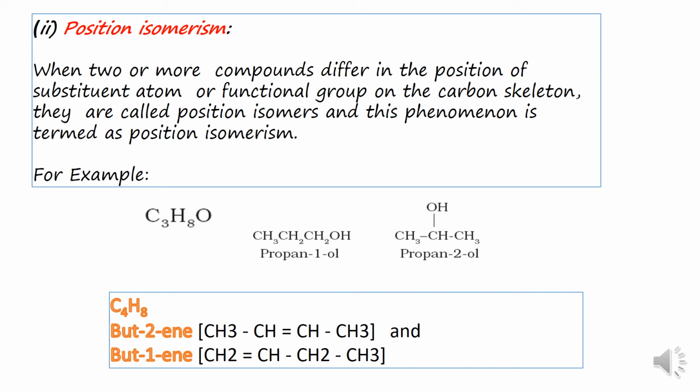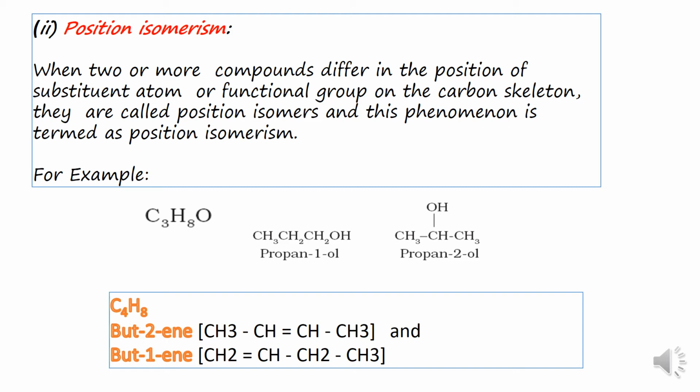In very simple words, you see two or more compounds showing the same molecular formula, but the position of the substituent or functional group is different in the different isomers. For example, C3H8O is the molecular formula.